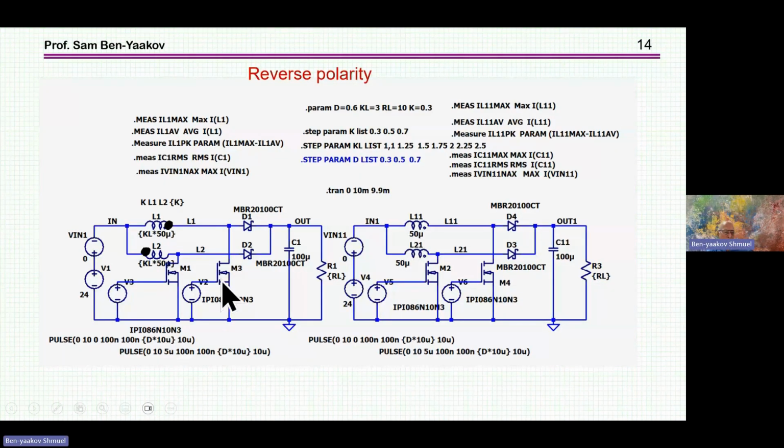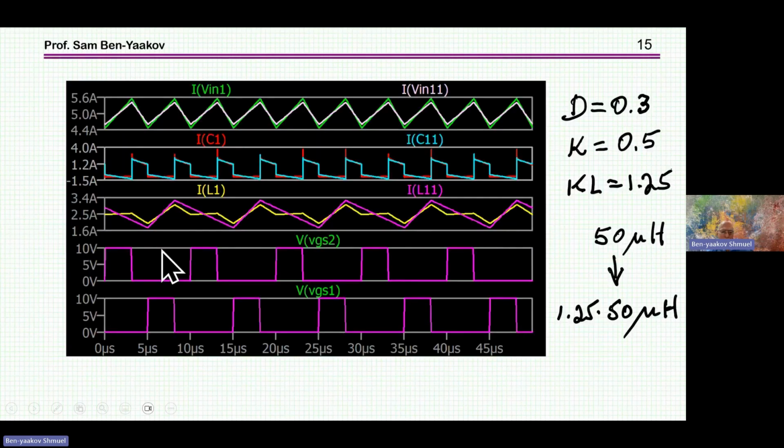So as I've said, there are two ways to do it. There is the direct connection, same polarity, or reverse polarity. And here now is the reverse polarity. Here are the dots. Everything is the same. This is again the reference, 50 microhenry, two separate inductors compared to this coupled inductor. And here it is.